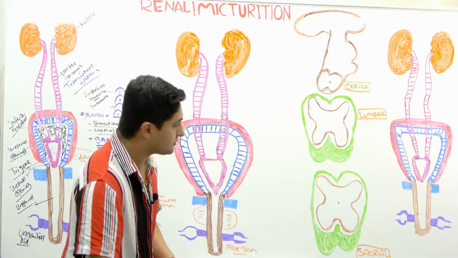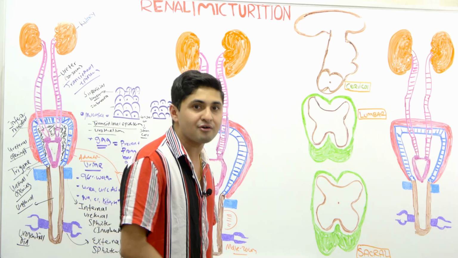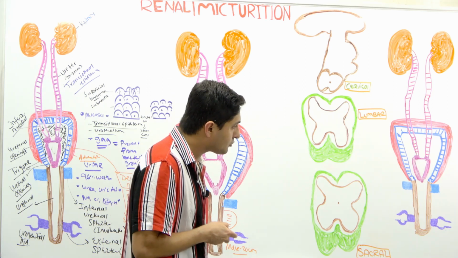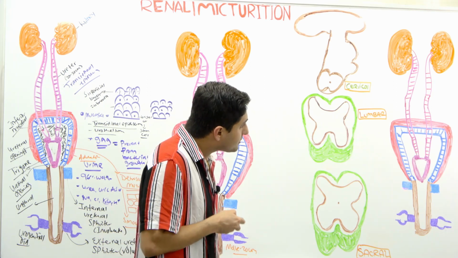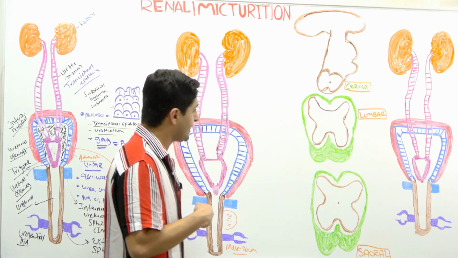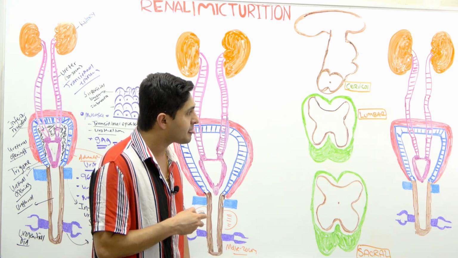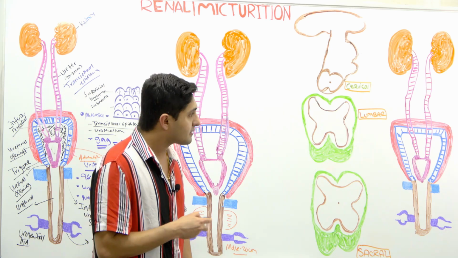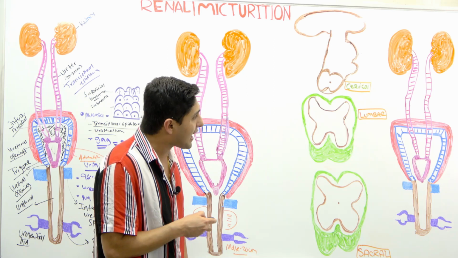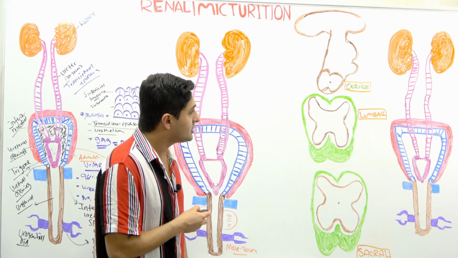But when it comes to the female, this structure right here is only about 4 centimeters long. And the urinary bladder is also usually smaller compared to the male. The reason the bladder is smaller is because, remember, the female also has a uterus.